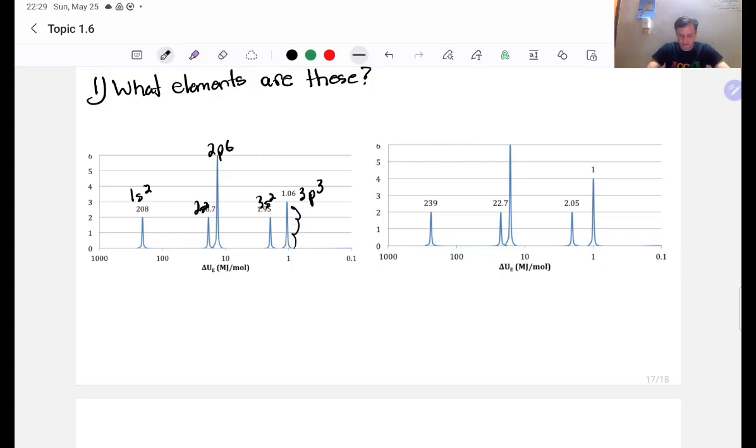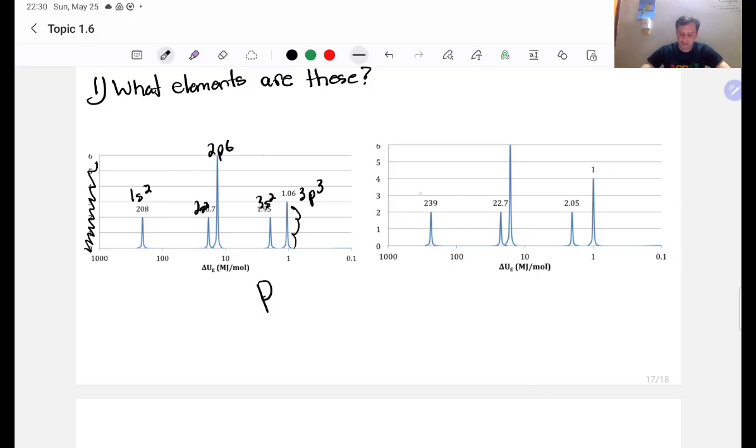Even if they didn't give you the number of electrons and you're just looking at relative size, you can see that it's 1.5 times as tall as 3s2, so that means there's 3 electrons. Not 2, not 4. And so because of that, we can say, okay, what's 3p3? Well, that's going to be phosphorus.